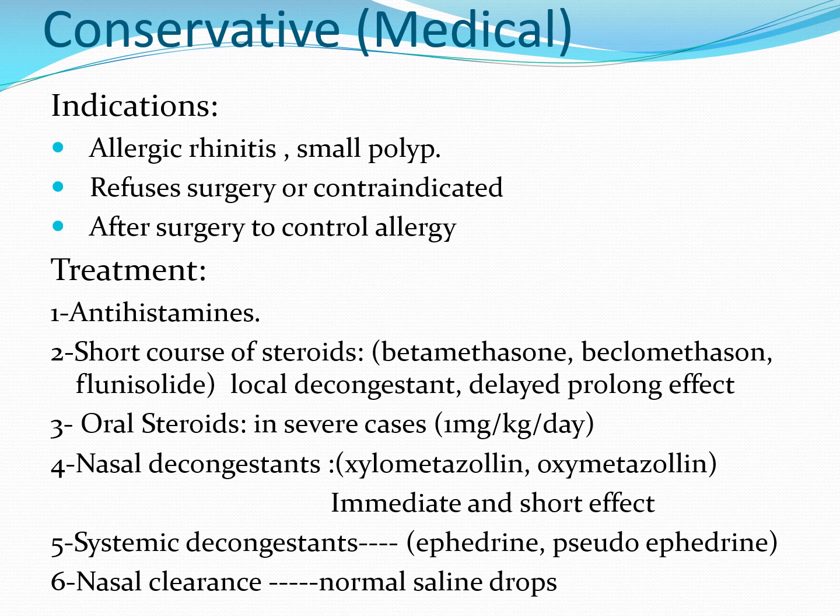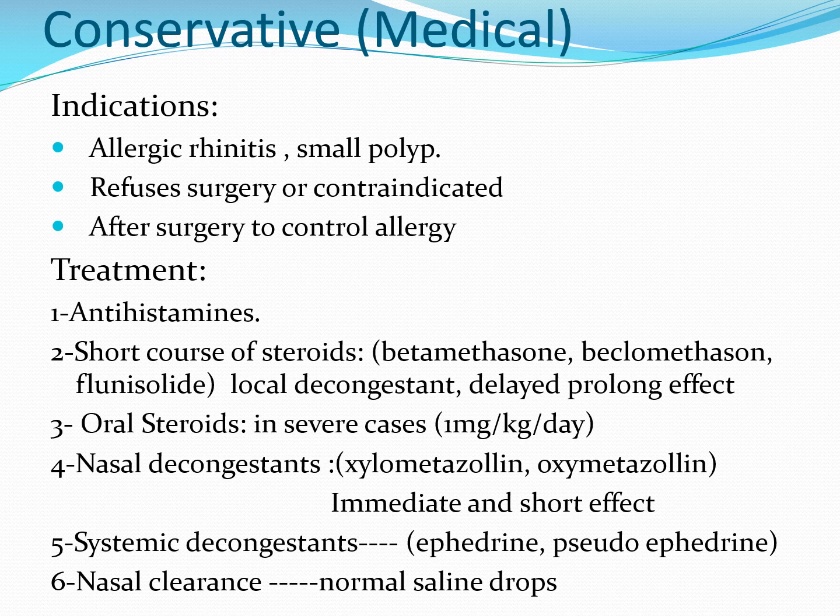If patient refuses surgery or surgery is contraindicated, you will give only the medical treatment. And after surgery, we will give medical treatment to control the allergy, otherwise there will be recurrence of polyps.